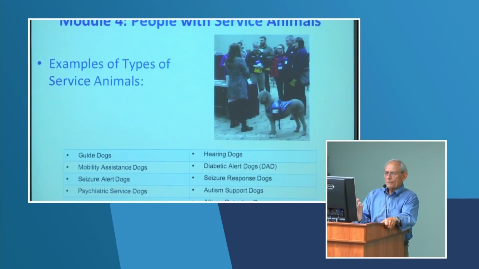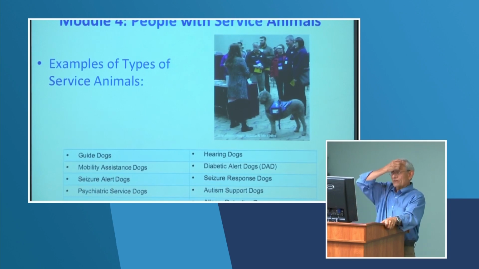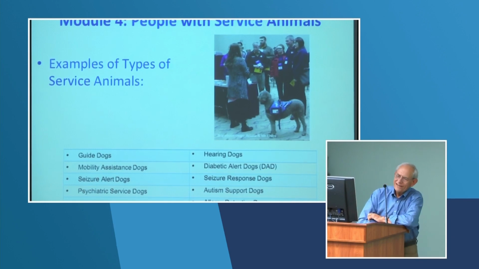So, types of service animals are guide dogs, mobility assistance dogs, seizure alert dogs, and they may be dogs that are not what we classically consider a breed for a service dog.